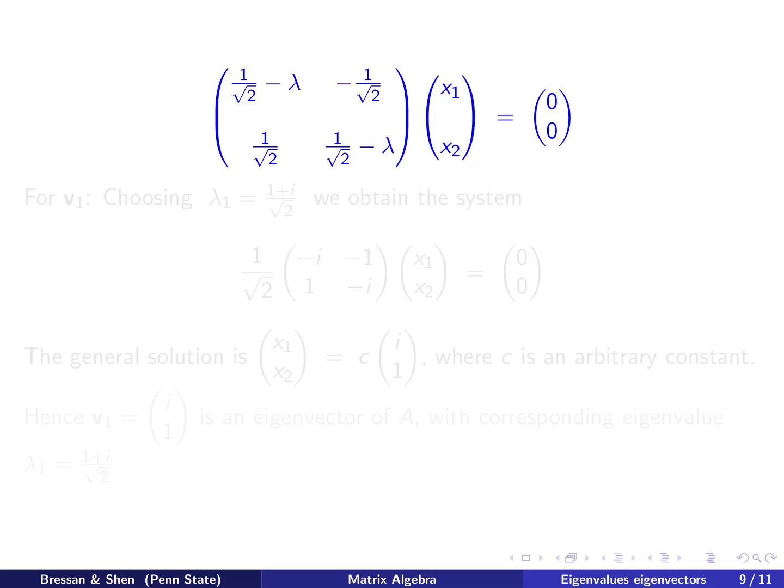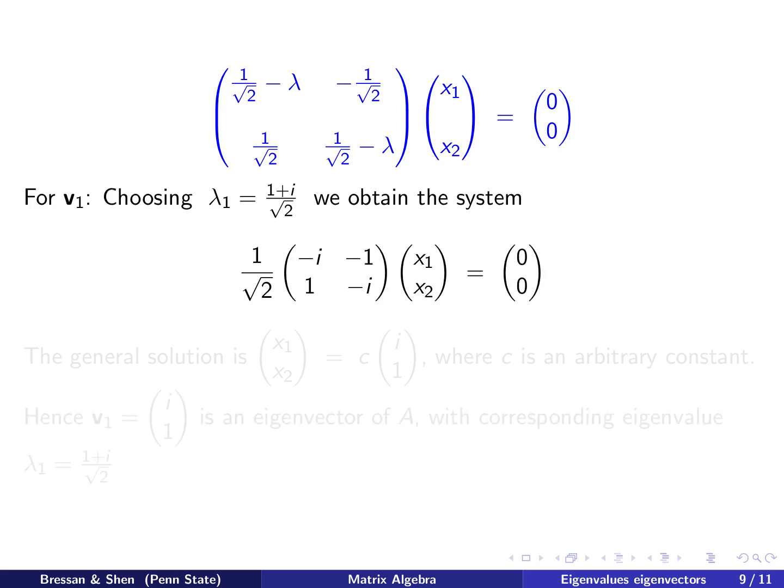Okay, so now what about the eigenvectors? If lambda is an eigenvalue, the eigenvector would be a non-zero solution to this system. Let's find the first one, choosing lambda 1 to be the one with the plus sign.